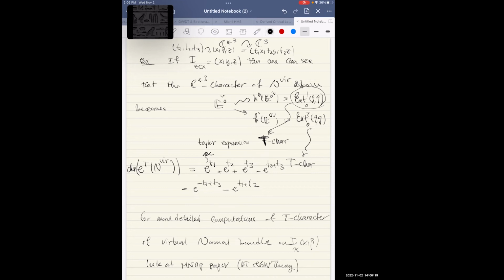This famous paper where they conjectured that Donaldson-Thomas and Gromov-Witten partition functions are related to each other. Okay. So, all right. So this is how we do this calculation.